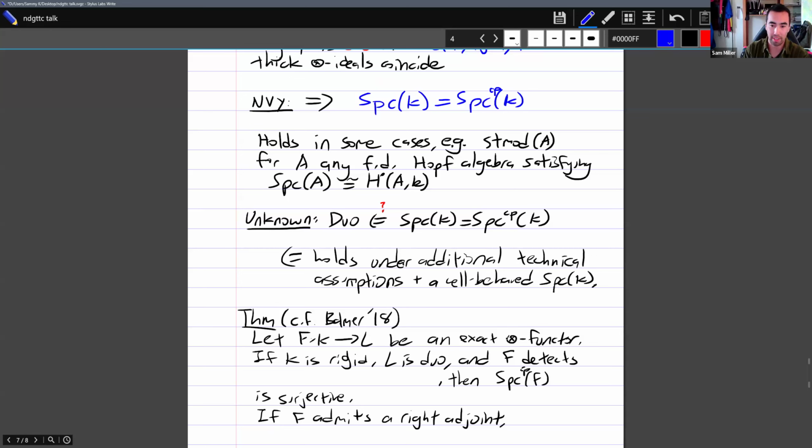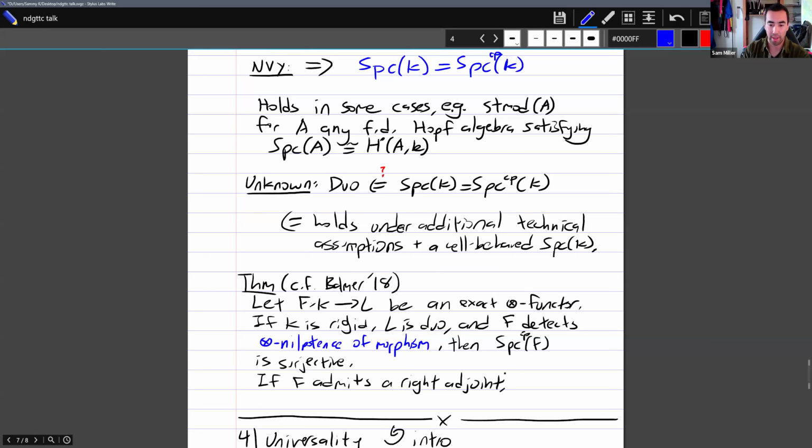So if F from K to L is an exact tensor functor, where K is rigid, so it has its duals, and L is duo, and F detects tensor nilpotence of morphisms, so f tensor f tensor f tensor f eventually becomes the zero map, then our induced map on spectra, Spc^CP of F, is surjective. And moreover, if F admits a right adjoint, then the converse holds too. Then these are equivalent.